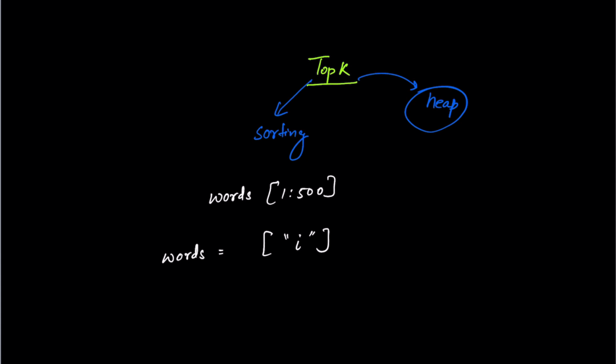And then we have k, which is an integer that can range between 1 and the number of unique words in the array. For our case, let's take k to be 1. So we need to return the top 1 most frequent words in this array. So we can see that the answer will be I, because there is only one word in this array.